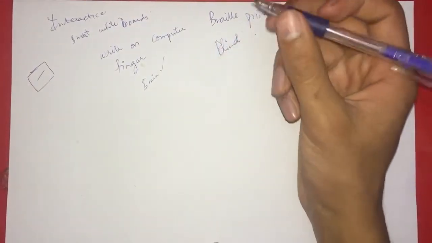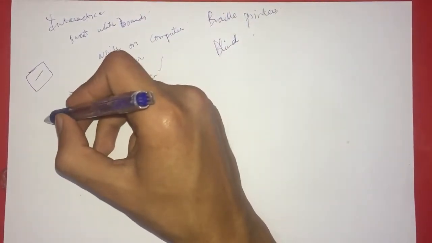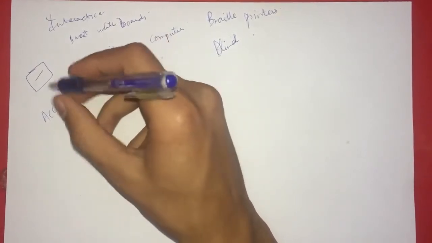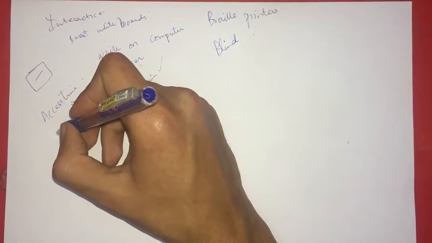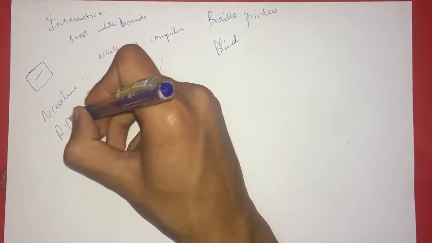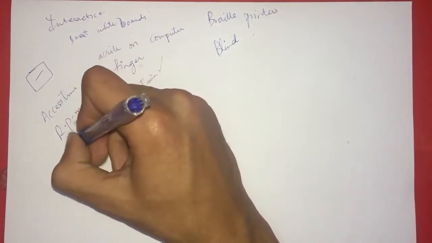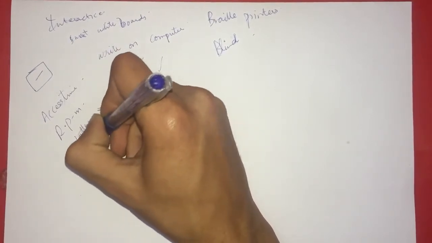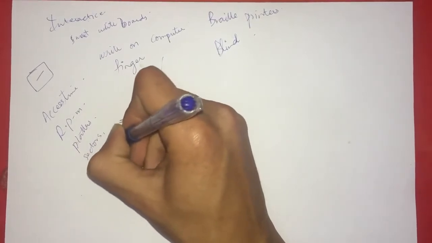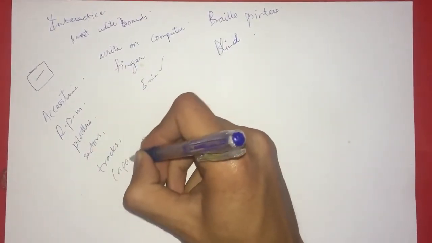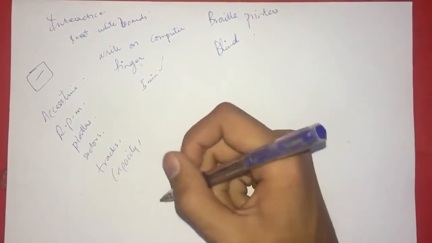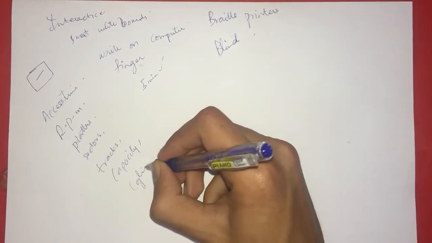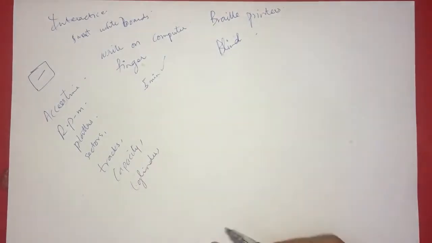So the nine characteristics would be your access time, your revolutions per minute, or RPM, your platters, sectors, tracks, capacity, your cylinders, and many of these characteristics.